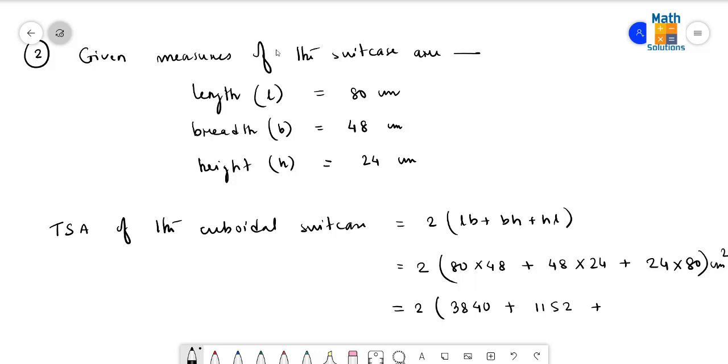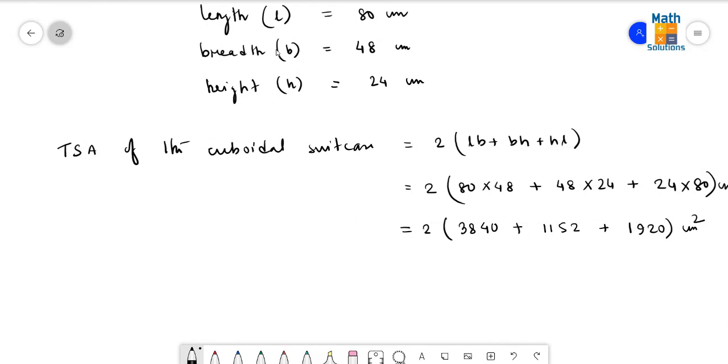In the third case, the result will again come as 1920 centimeter square. After this, we shall be getting the sum of these three things within the bracket as 6912, and the results will come like this.